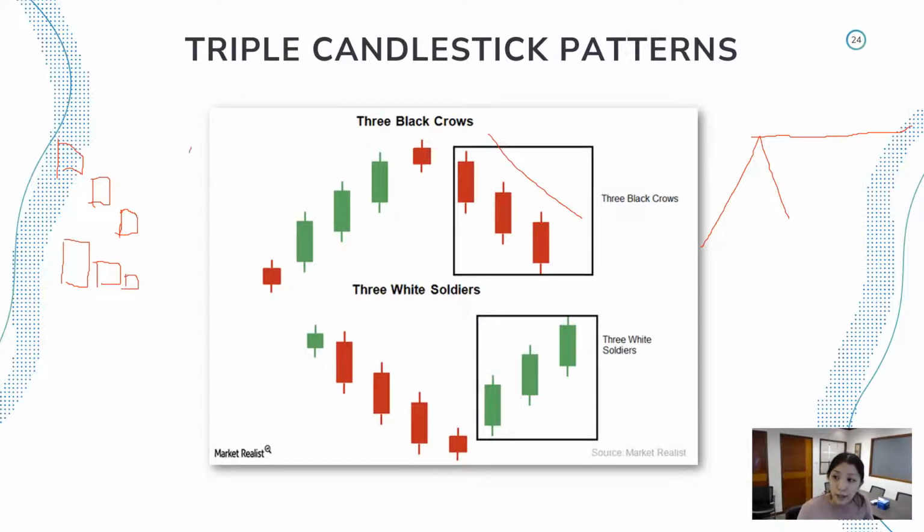This is also not valid. Or you see this one, it's also not valid. So it has to have a consistent shape and a consistent length, then it's a valid one.